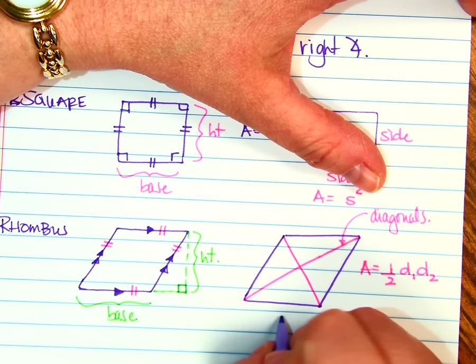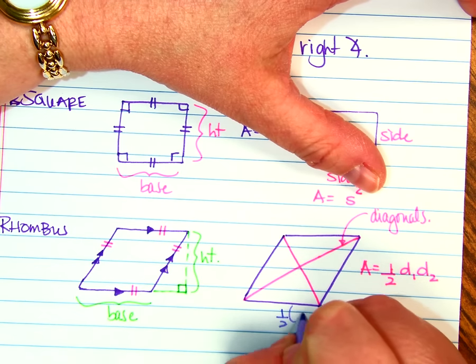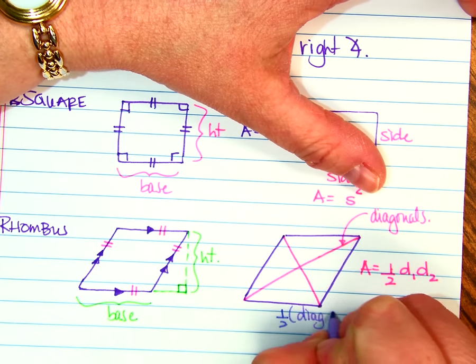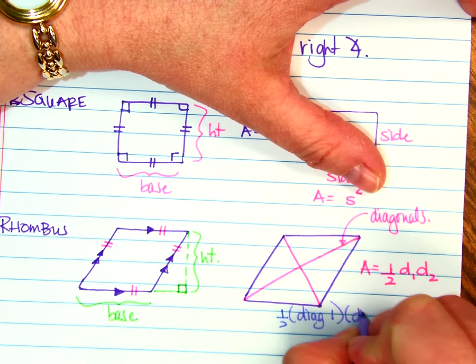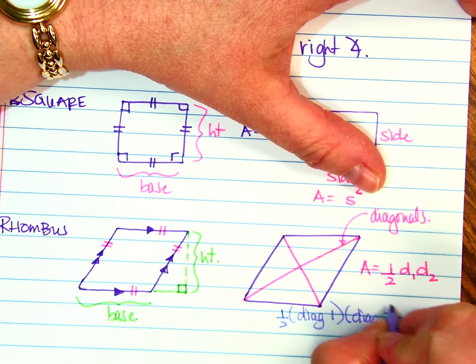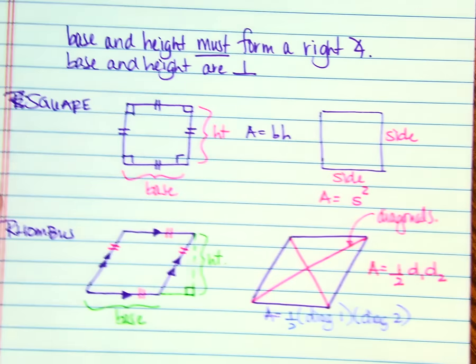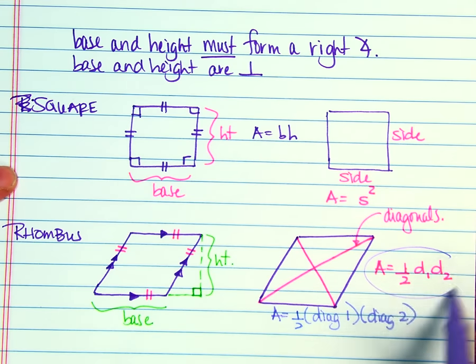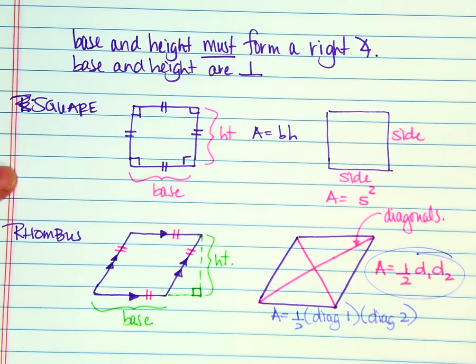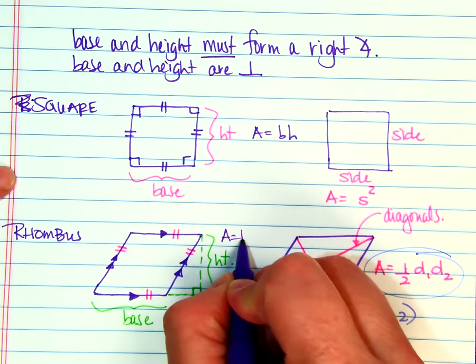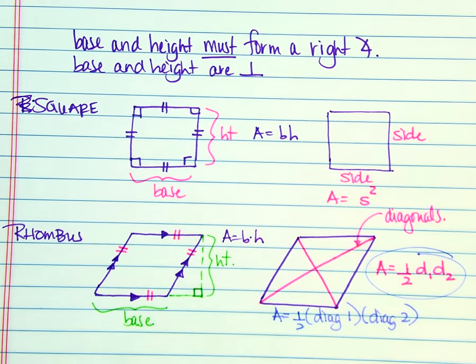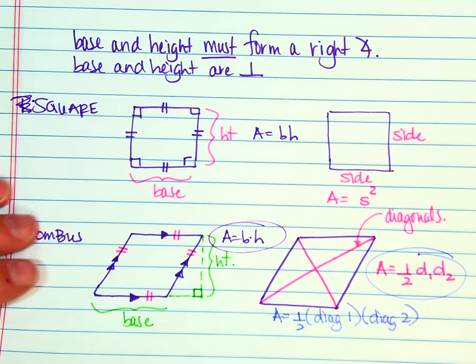So in other words, it's 1/2 one diagonal times the second diagonal. Okay, so we have this formula for a rhombus, and we still have the area equals base times height for a rhombus. So a rhombus actually has two formulas depending on what you are actually being given.